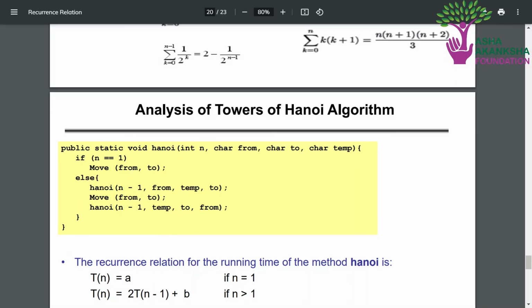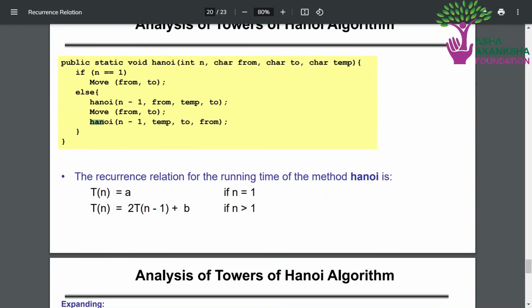First you have the base condition, and then you call the Tower of Hanoi for n minus 1 disks, and then you move the disk from one tower to another tower. This is an order of one operation, and then you recursively call the function for n minus 1 disks.